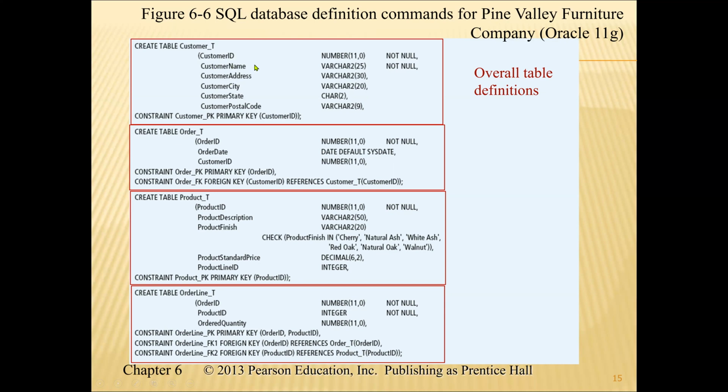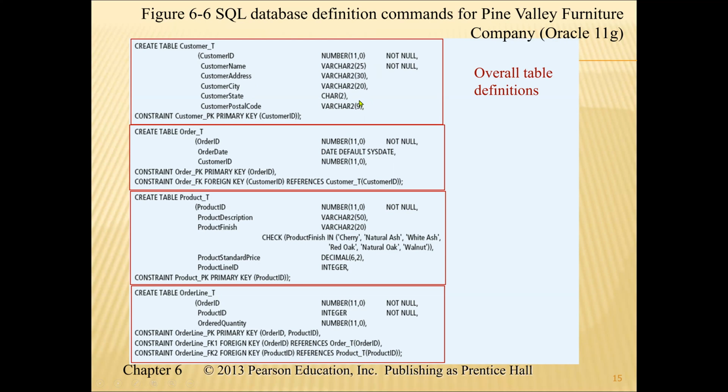Also, we make the customer name not null, because if you don't enter the customer name, we don't know who the customer is. But the customer address is okay. If we don't have the address, it's fine. The city, the state is okay. The postal code is okay. Then all of them are characters of different sizes, or we say strings.